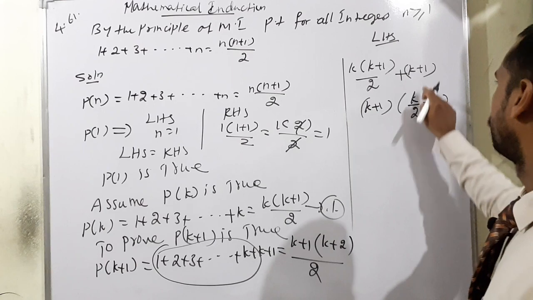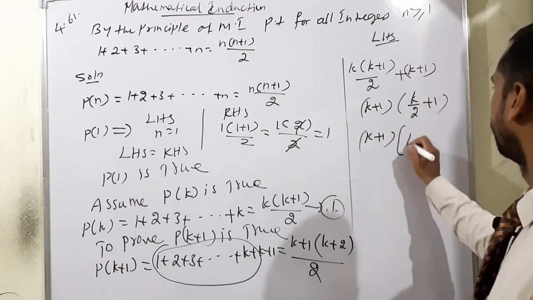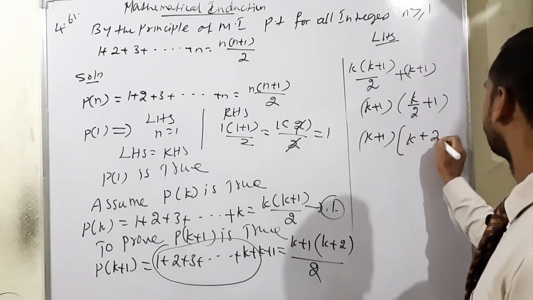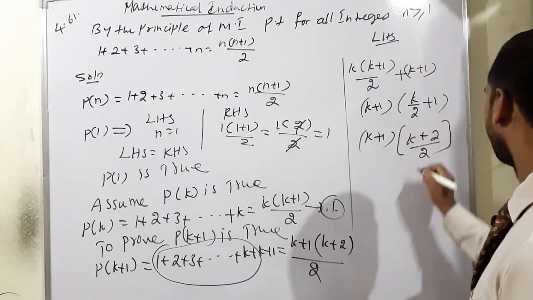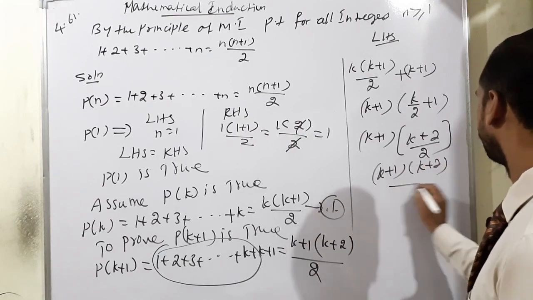So, k plus 1 taken common, k by 2 plus 1. Therefore, k plus 1, then 1 into 2 means 2, so k plus 2 by 2. Therefore, k plus 1 into k plus 2 divided by 2.